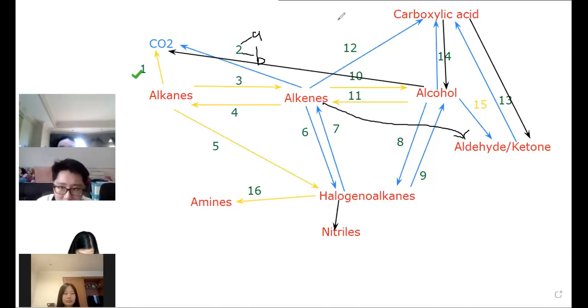No. How about Michelle? Michelle, alkenes can become carbon dioxide. What is the catalyst? And what is the condition of the alkenes itself, so that it can become carbon dioxide?